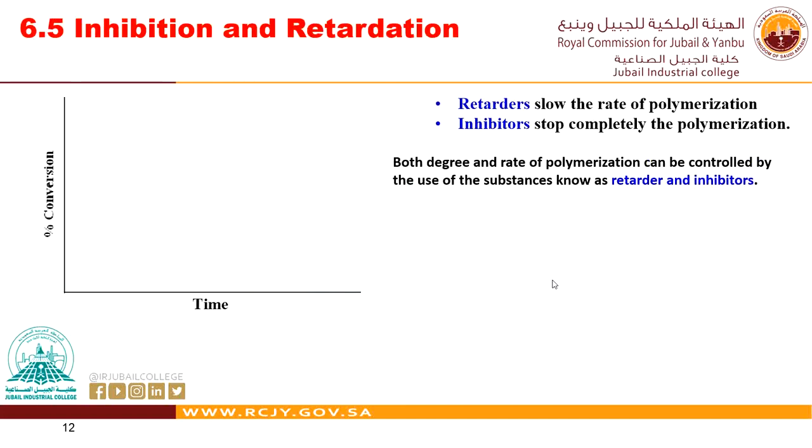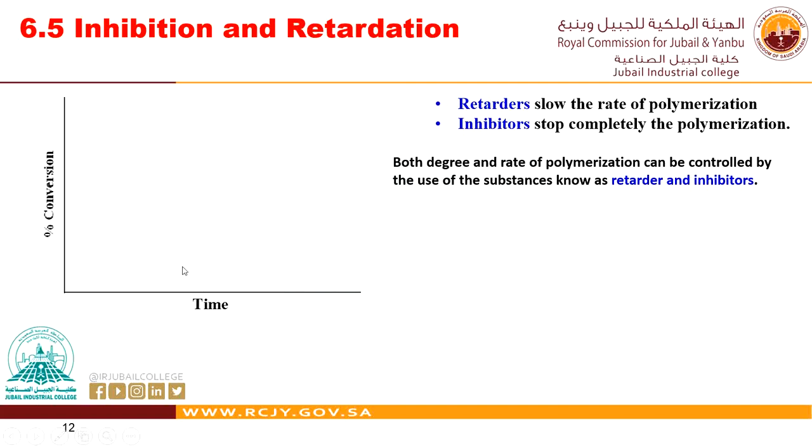So the last concept we are going to look at under chapter 5 is what we call inhibition and retardation. And generally, these are usually measured in terms of conversion time.